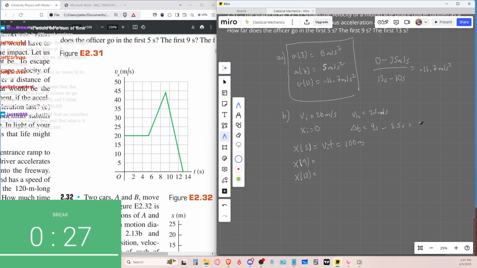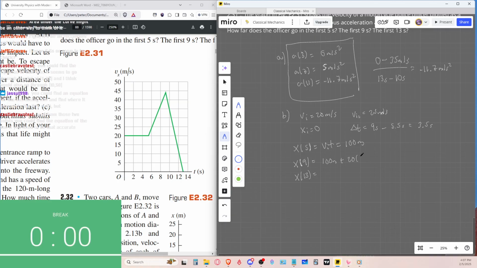So that's like 3.5 seconds, and so our original distance was 100 meters plus the initial velocity was around 20.